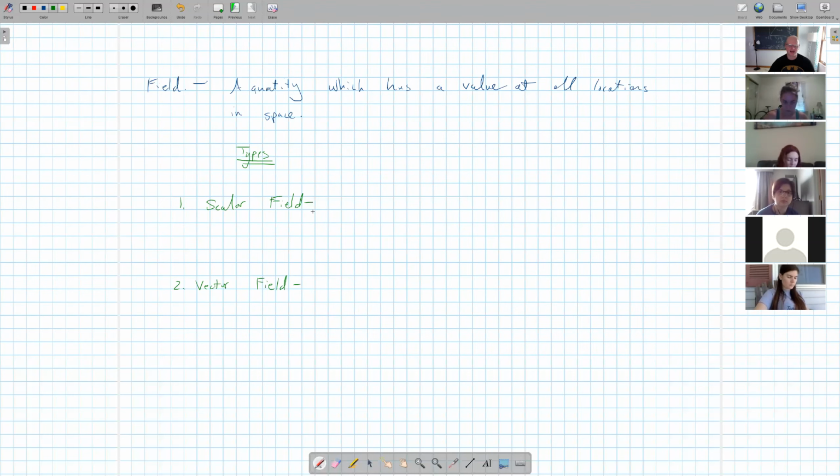Remember, a scalar is something which has no directional property to it, it only has a value. A vector field is something which has both a value and a direction at all locations in space.